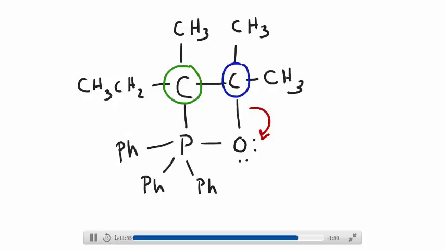As that is occurring, the carbon there in blue is losing electron density, so it's going to need some more because it wants to maintain an octet. And so the carbon-phosphorus bond, the bond to the green carbon, is going to break. And carbon is more electronegative than phosphorus, so carbon will take those electrons and use them to make a carbon-carbon double bond. Now as this happens, we will be able to make our alkenes.